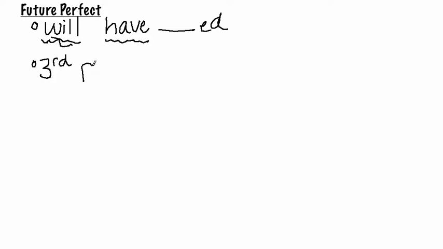Third principal part, and you cross off the I from your third principal part. And then you're going to go ahead and add your endings. And the only difference in how the pluperfect and the future perfect and the perfect are formed, of course, is their endings. And the endings for the future perfect active are as follows.